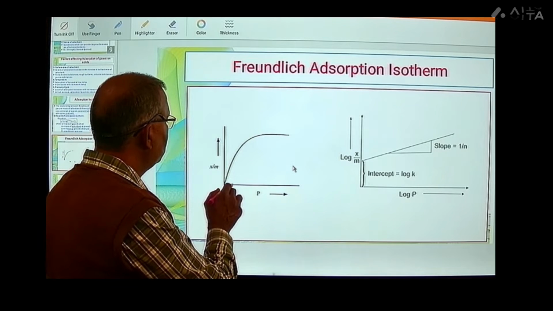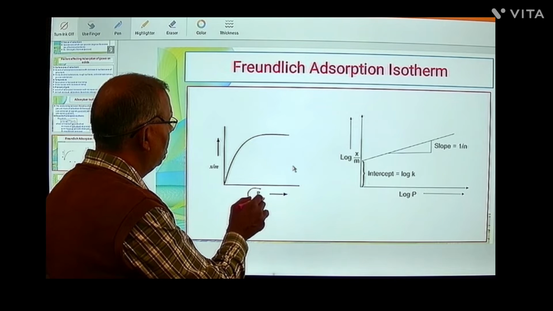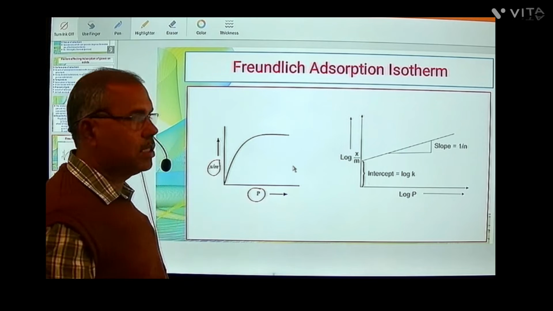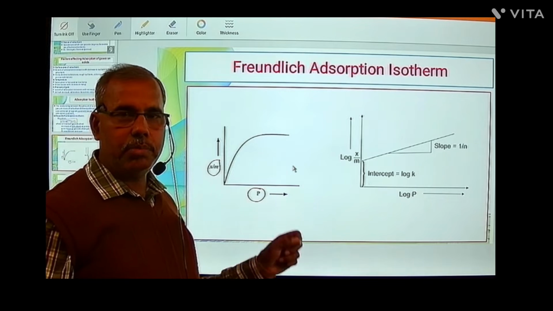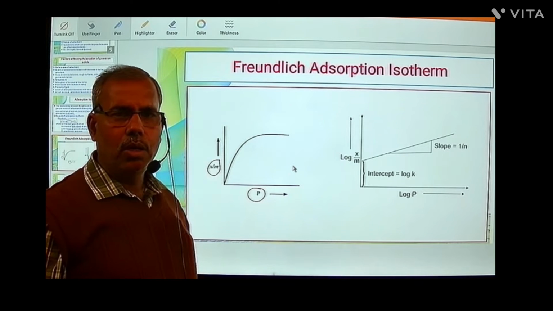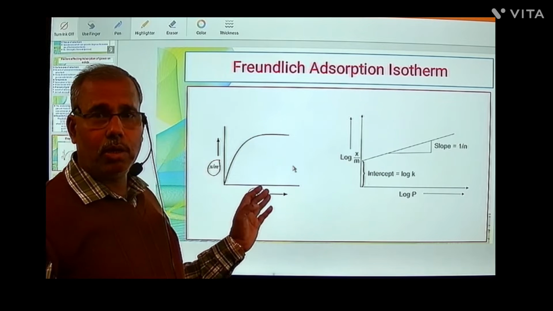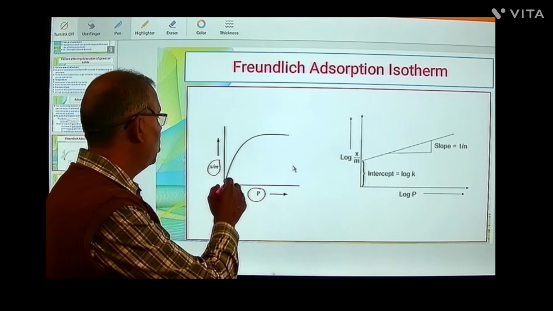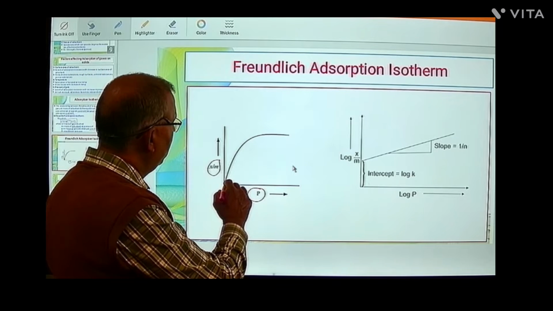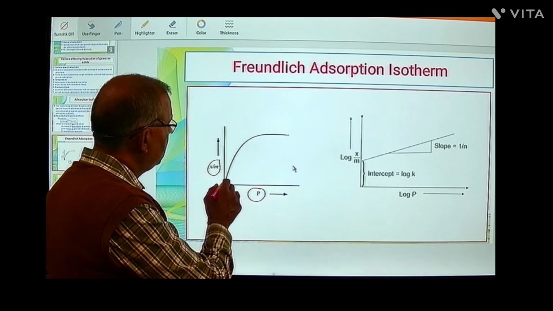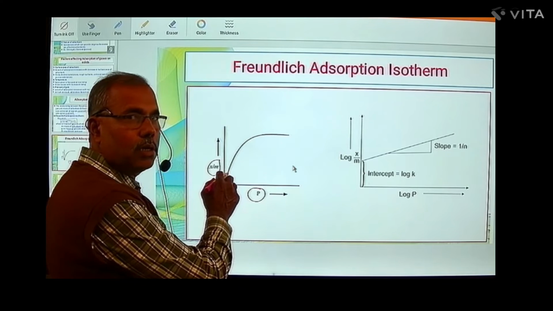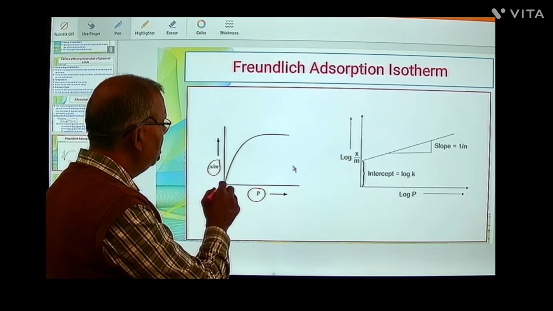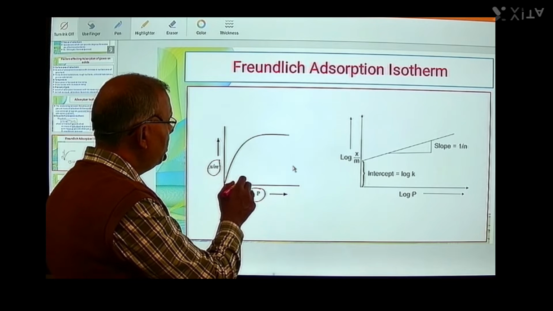Now here you can see this graph is plotted of pressure against x by m, that is extent of adsorption. Here x by m will be the extent of adsorption, that is mass of adsorbate gas per unit mass of adsorbent. Now if you see, as the pressure increases, the mass of adsorbed gas per unit mass of adsorbent, that is x by m, also increases as the pressure goes on increasing.